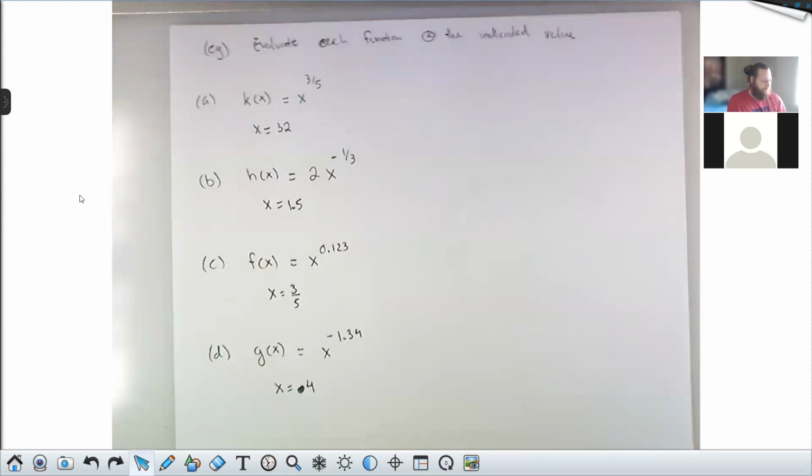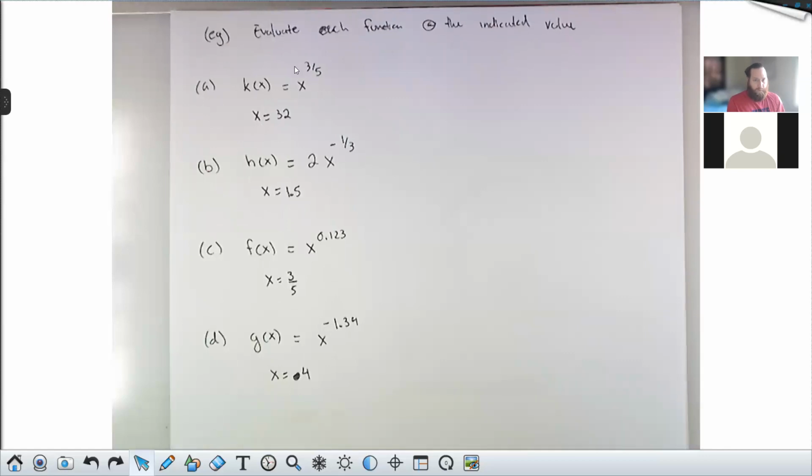So each of these functions is a power function. Some of them have wonky powers, but we can plug these numbers in and see what we get as outputs. And I want to show you as much as we can work by hand a little bit. So at the very least, I want to make sure we're comfortable with the notation. So in part A, I want to evaluate this function k of x at the input x equals 32.